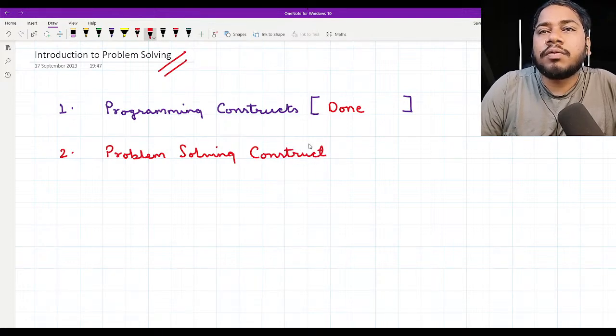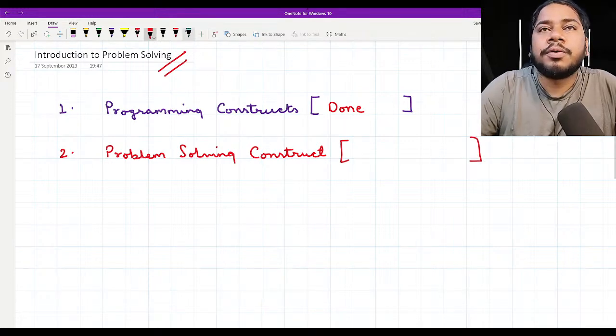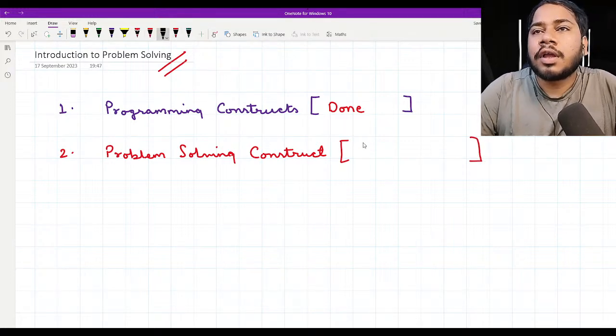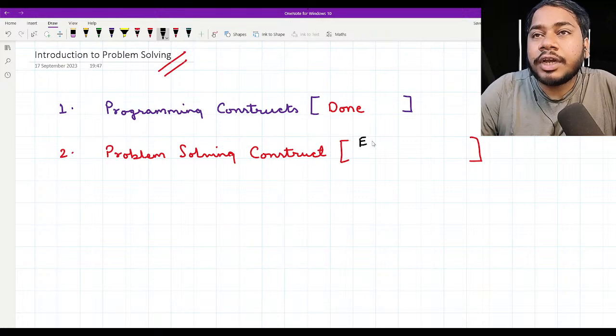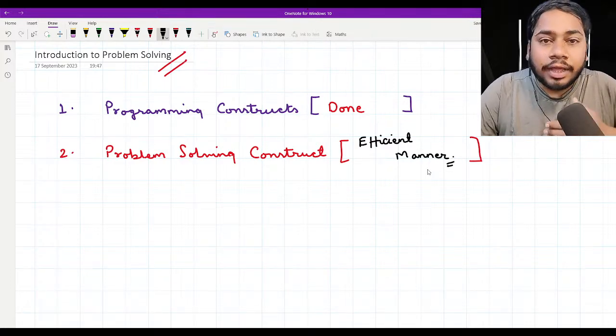In this one, we will cover the efficient way of solving problems. As of now, our aim was just to solve the problems, but now we will try to do it in an efficient manner.